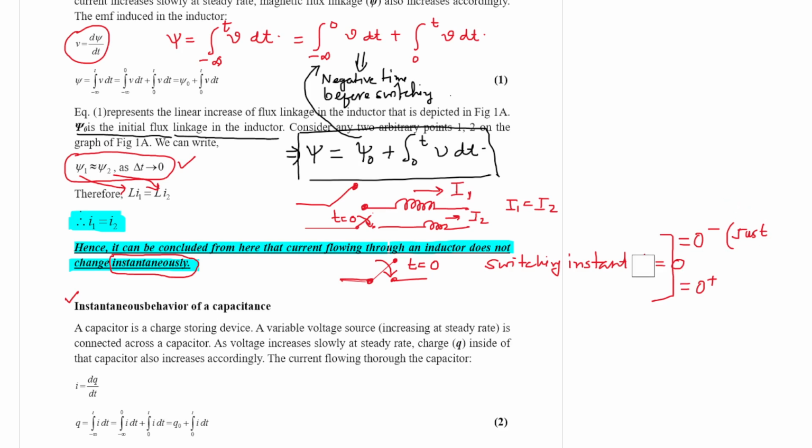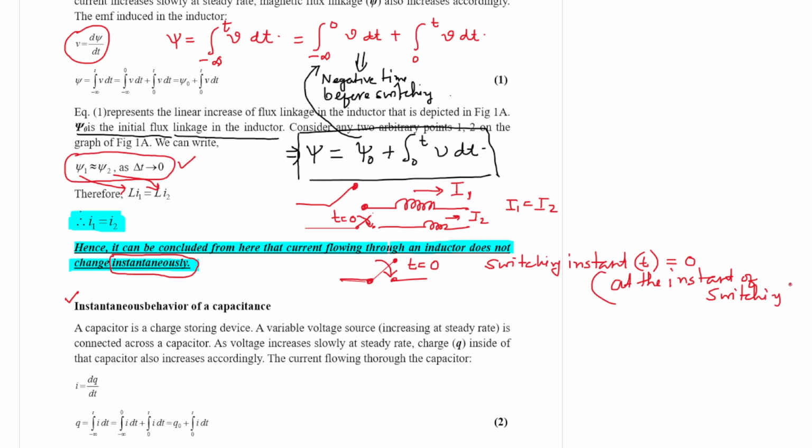Let me make some more space. Switching instant t, first of all, can be equal to 0. T is equal to 0 means at the instant of switching. That is the meaning of t is equal to 0.